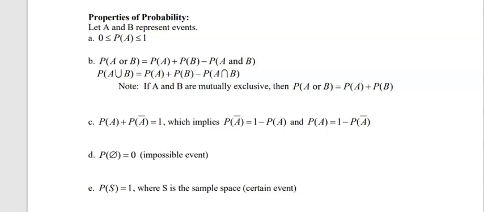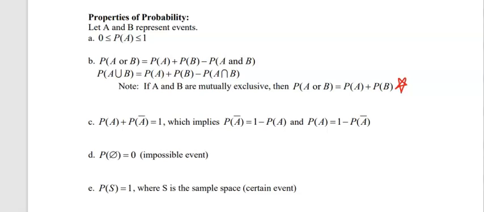And so right here, if they have nothing in common, like what's the probability of rolling a 2 or flipping heads? I mean, those have nothing in common. If they have nothing in common, you're just going to add the two together because they're exclusive. They don't have any outcomes in common. But there are times that outcomes can overlap.